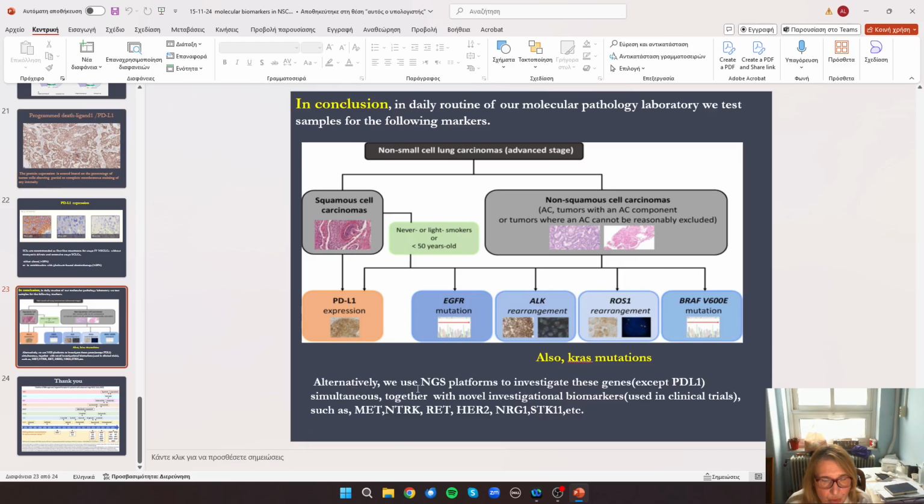Alternatively, we use next generation platforms to investigate these genes, except for PD-L1, simultaneously together with novel investigational biomarkers used in clinical trials, such as MET, NTRK, RET, HER2, NRG1, STK11.